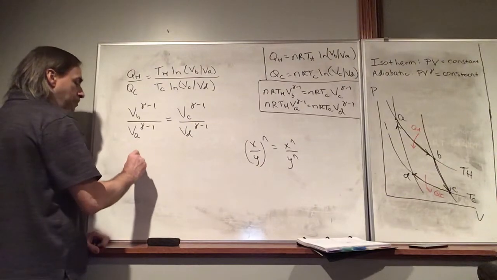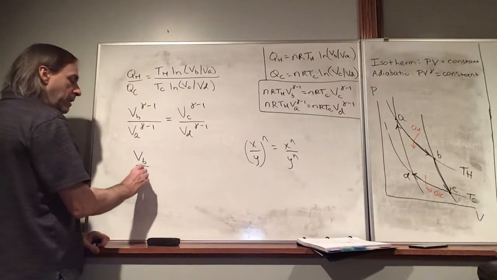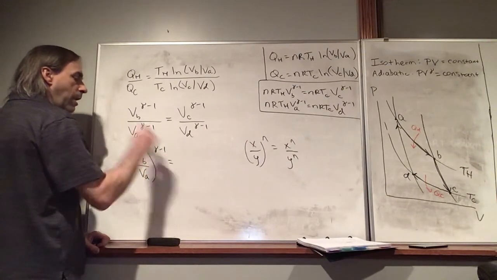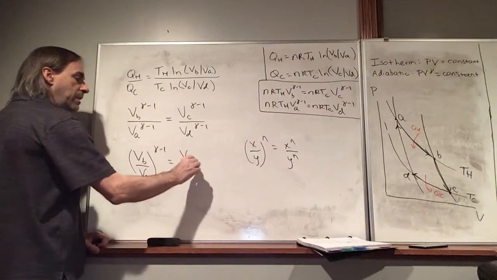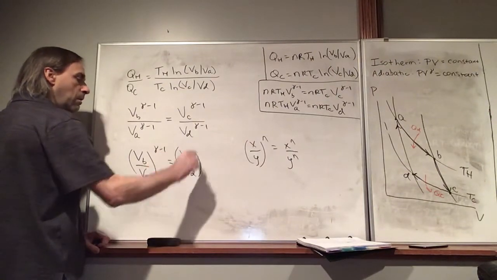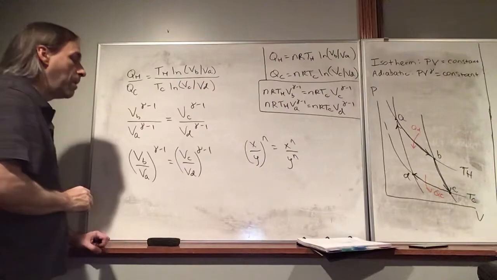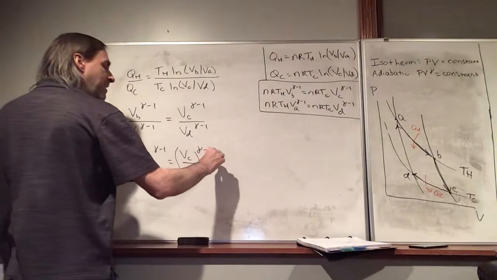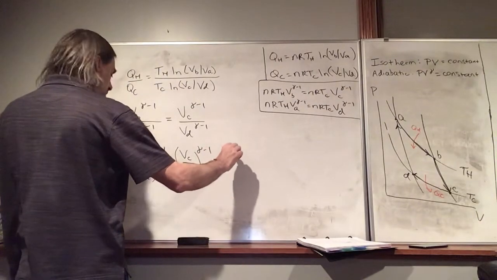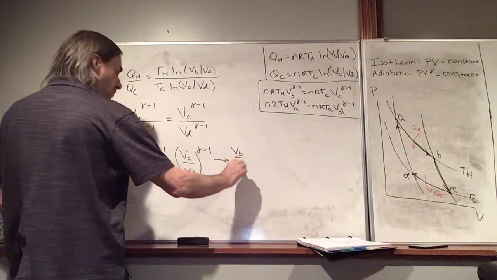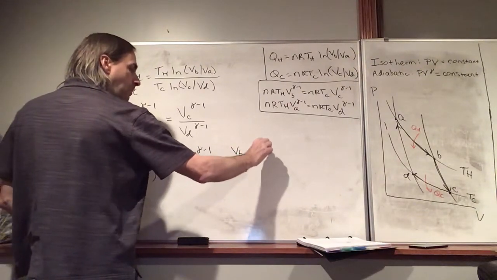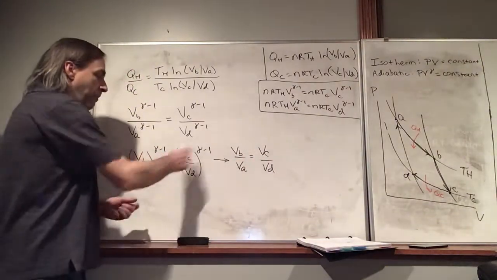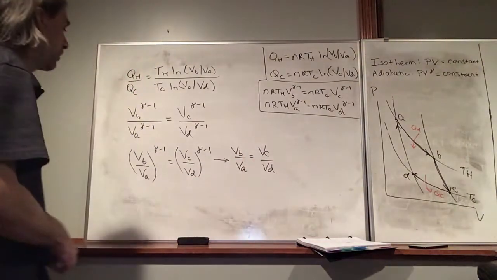So we can write the left side as VB over VA to the gamma minus 1, and the right side as VC over VD to the gamma minus 1. So what does this mean? Well, that means that these ratios of these volumes must be the same, because they're both raised to the same exponent and they're equal to each other.